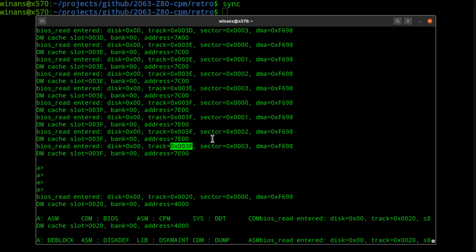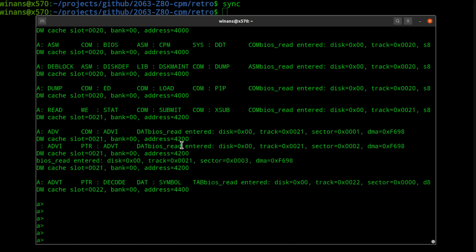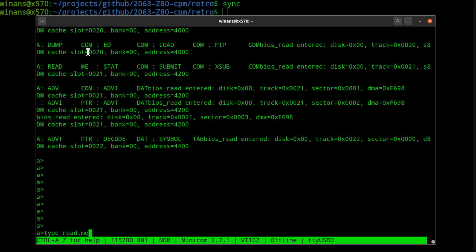And since the directory ends on 3F, readme must be in blocks on tracks greater than 3F. And this is interesting right now, because what we want to do is see if the slot numbers and banks and addresses work when the bank is not just 0. Because the 0 case is actually the easy one.